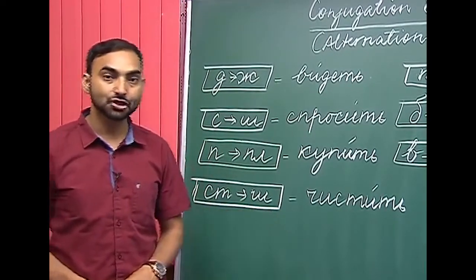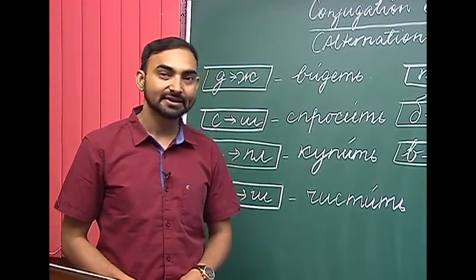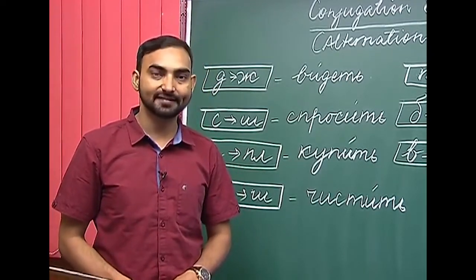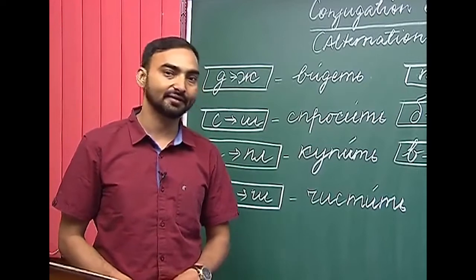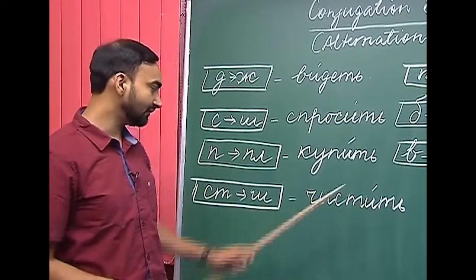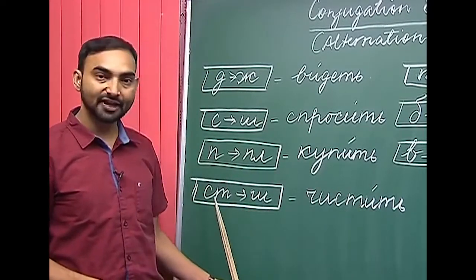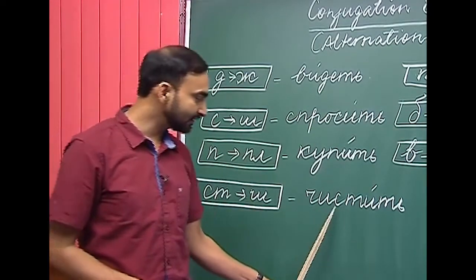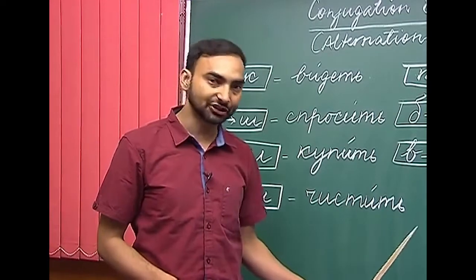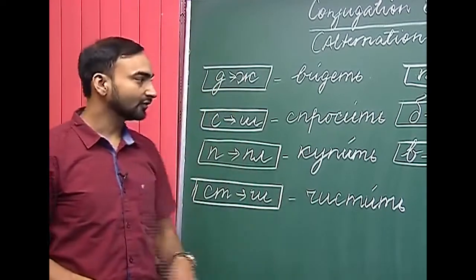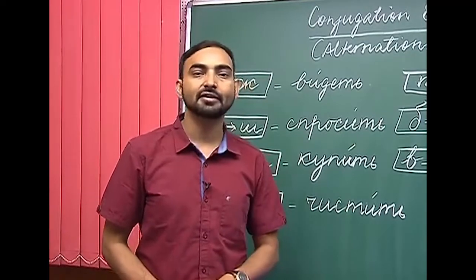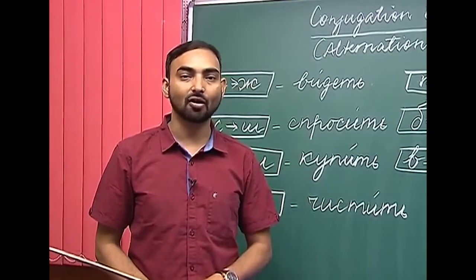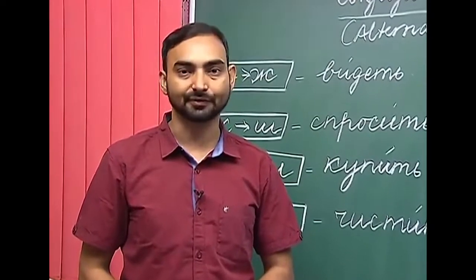Ya chishu, ti chischish, onana chischit, mi chischim, vi chischiche, ani chischat. So, here again we are changing this combination of consonants into one. So, this s and th changes to sh. So, this is how we conjugate some of the verbs where alternation of consonants happens.